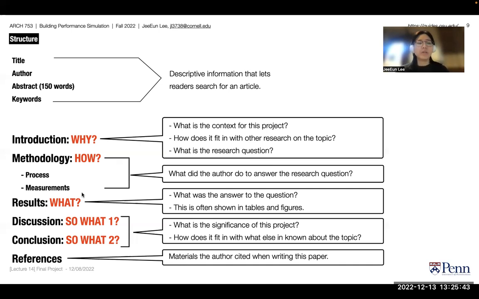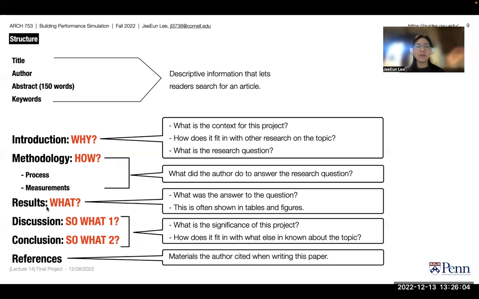Or you just state what metrics you are using for daylight when you're comparing the cases, or what kind of thermal comfort model you want to use for that area. So this will be about those.